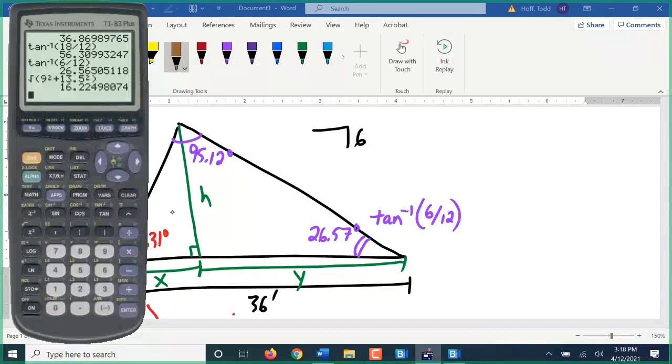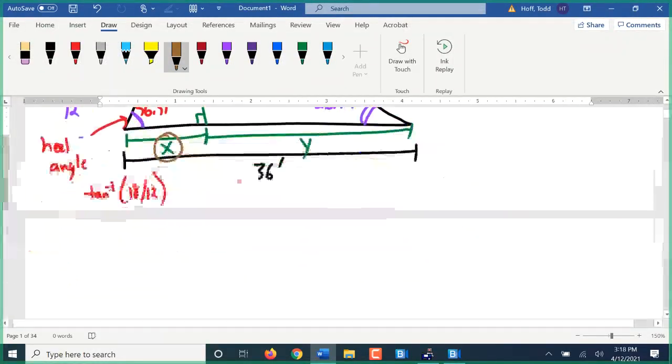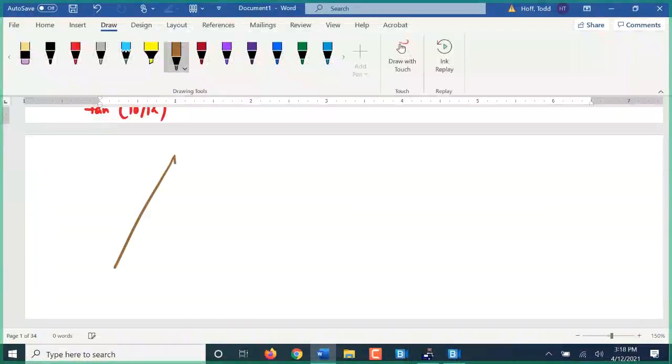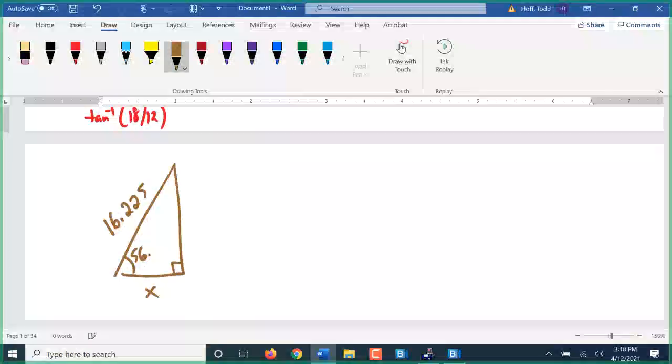This slope over here is 16. Once we know that, the rest of this actually becomes pretty easy. I'm going to find x. So this angle here is 56. How do I find x?